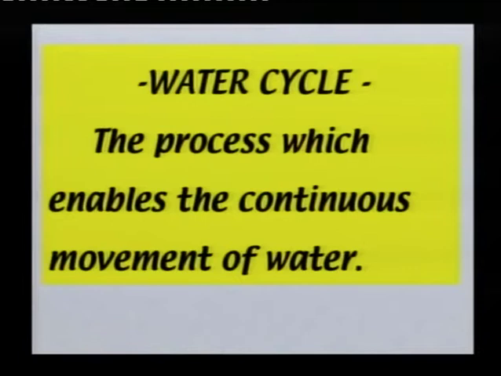The water itself has to go through different stages before precipitation can occur. So our task now is to look at a simple diagram or illustration of the different processes of the water cycle, and then you will be required to construct a diagram showing the different processes in your exercise book.